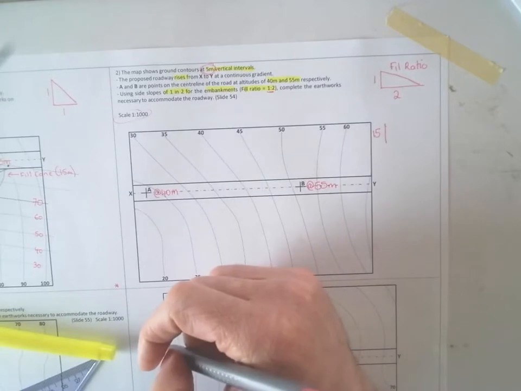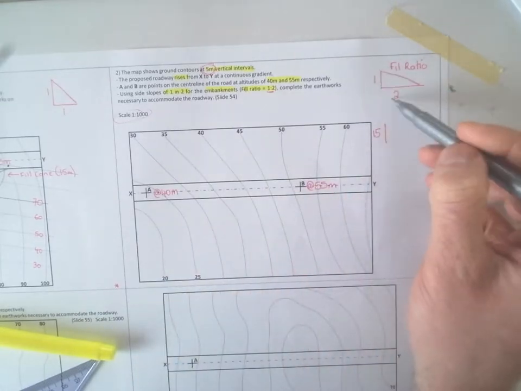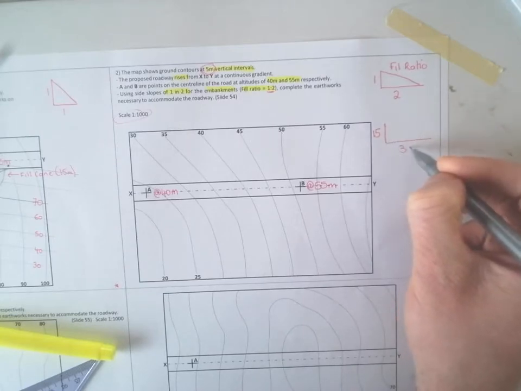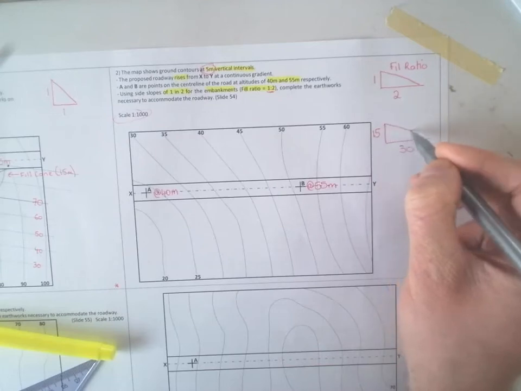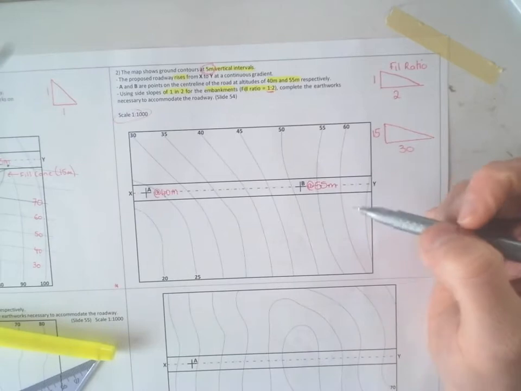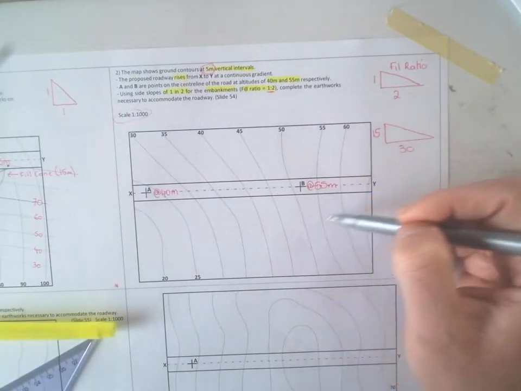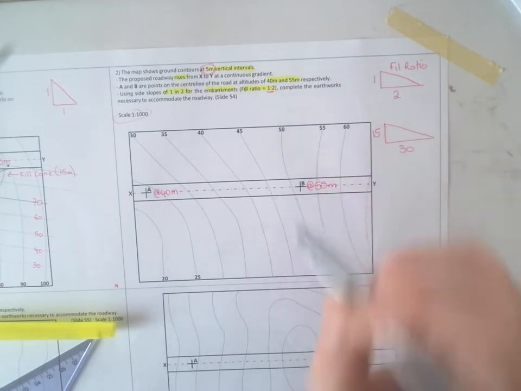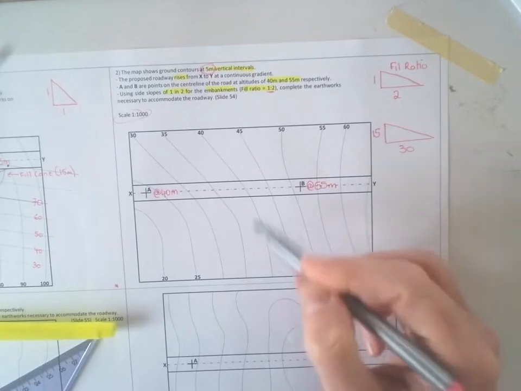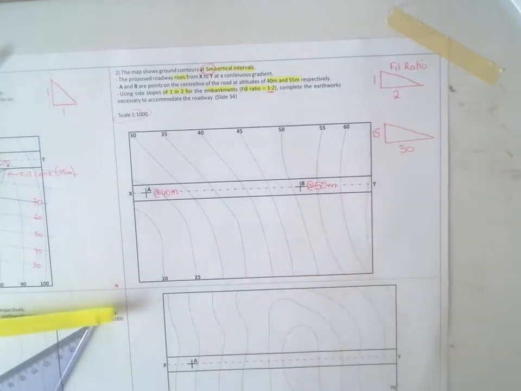If you come down 15, it will be double it, so for every 15 you go down, it will be out 30, because it's ratio 1:2. So we're going to draw a fill cone, and the fill cone always goes at the high end of the road. We're going to take a radius 30 and draw a fill cone.